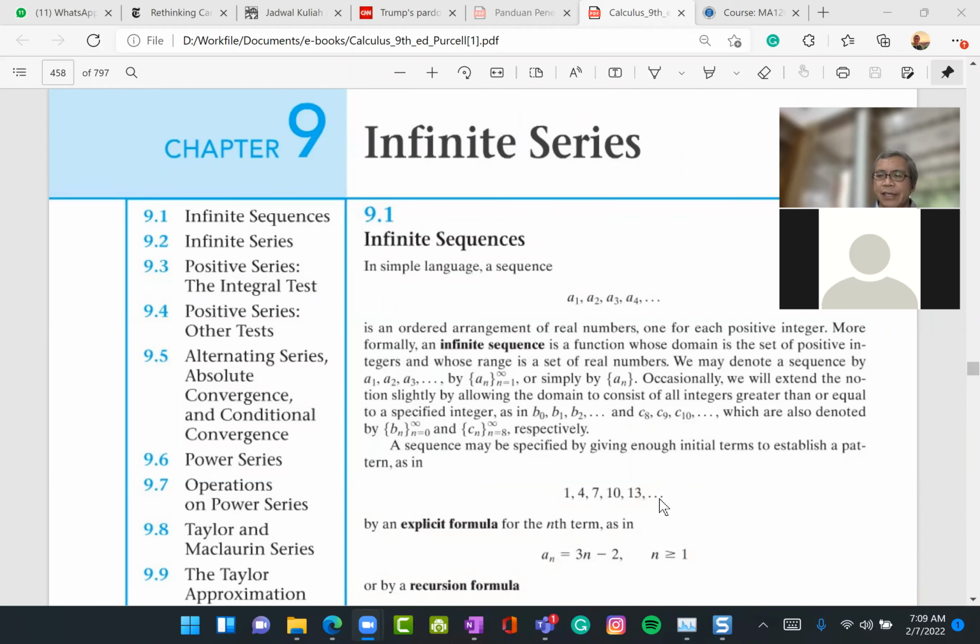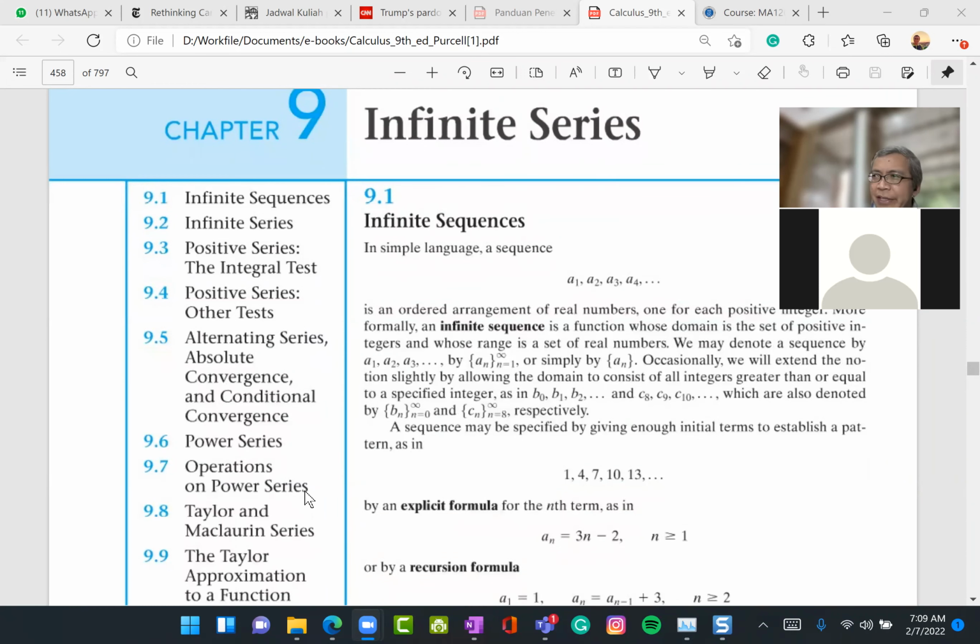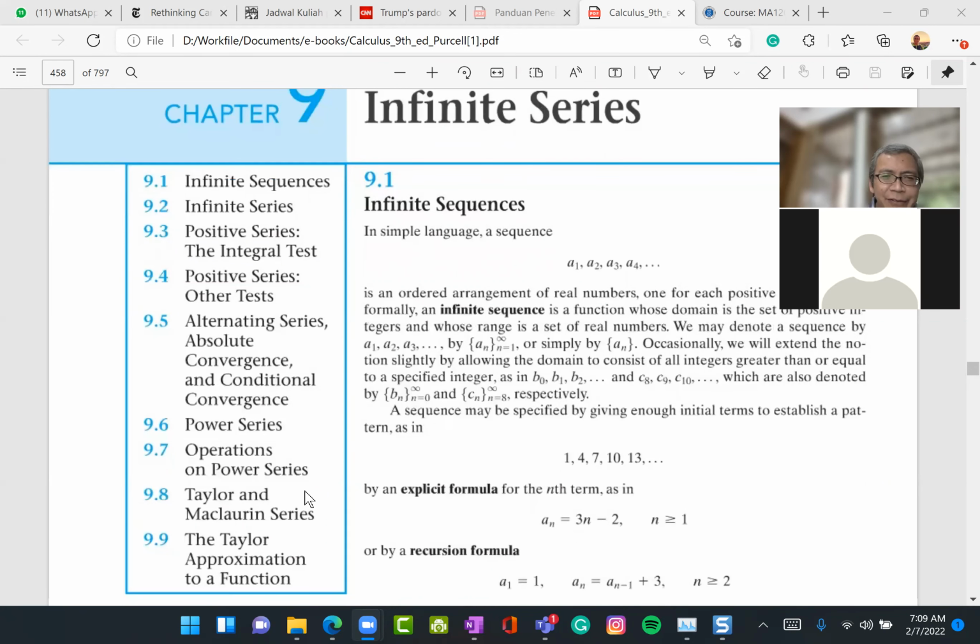All right. You see I just opened the text. This is our new chapter, chapter 9. This one is one of the longest chapters, with a later chapter on calculus of two variables later on.